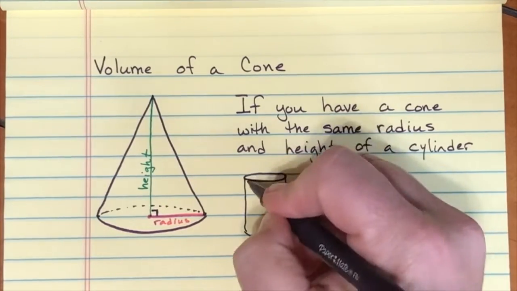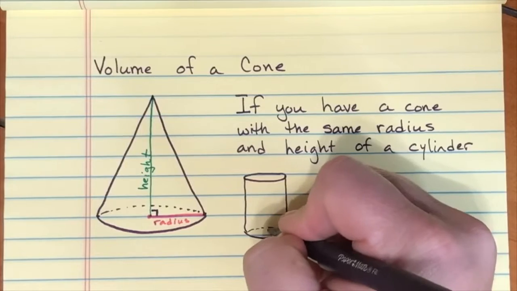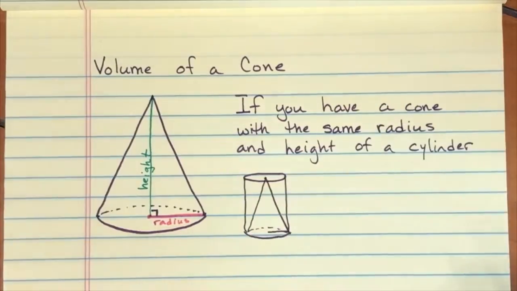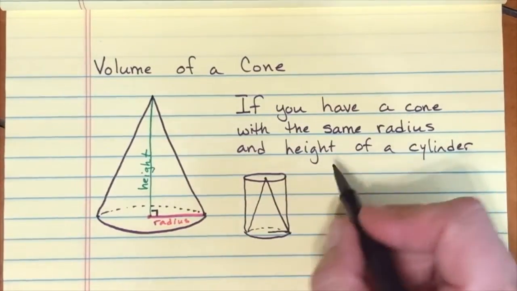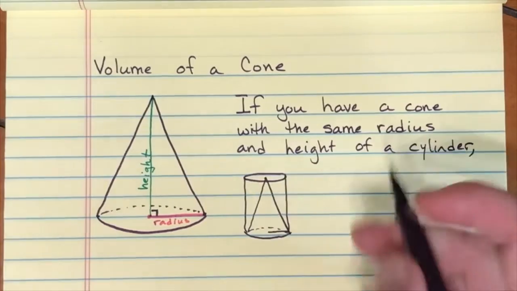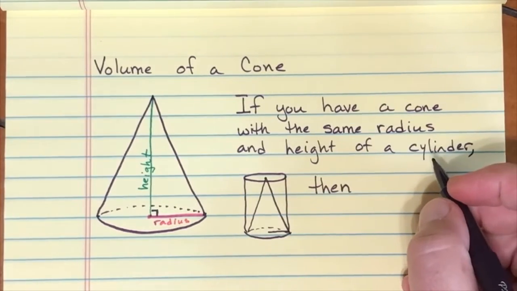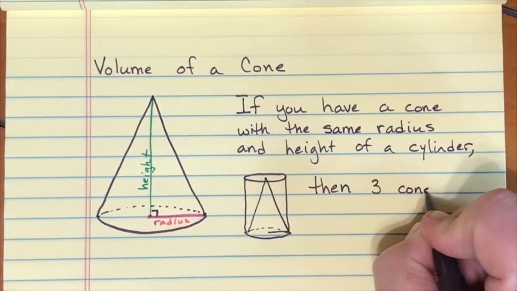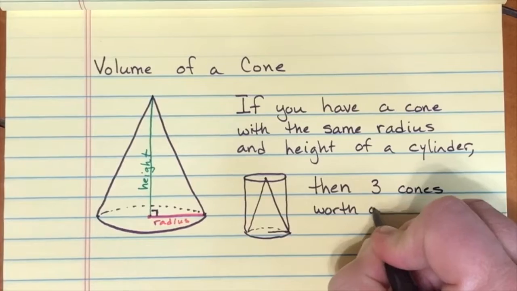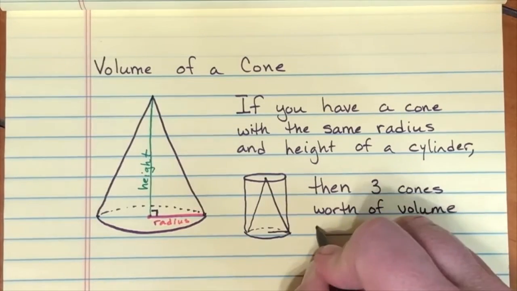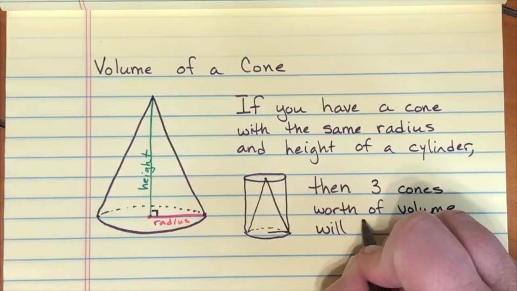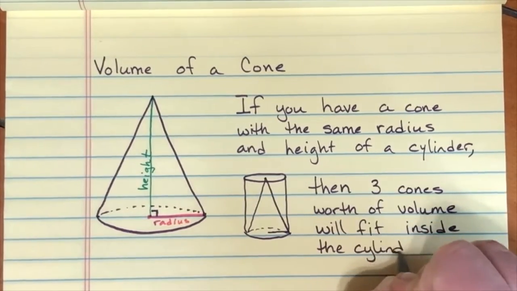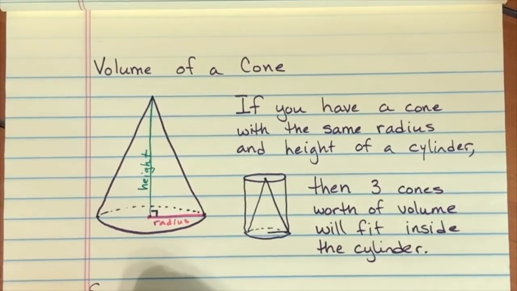If you had a cylinder with a circular base, and you were to put a cone in there, and the cone's tip were the same height as the cylinder, this is what we're talking about. Then we find out, if you took that cone cup and filled it up 3 times, there are 3 cones' worth of volume that will fit inside that cylinder. You can trust me, or you can watch the video and it would prove it, but basically 3 cones can fit inside one cylinder that has the same height and the same radius.